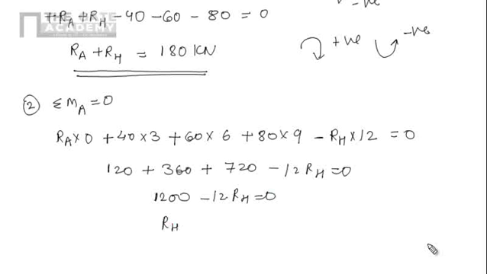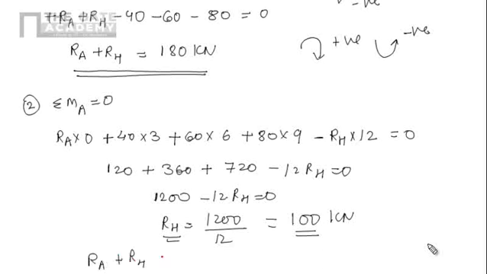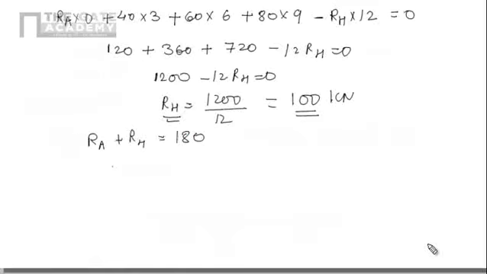So RH will be 1200 divided by 12. So the value of RH will be 100 kilonewton. So we got the value of RH, it is 100 kilonewton, and if we put RH in the equation RA plus RH equals 180, RA will be 180 minus RH. So 180 minus 100, it will be 80 kilonewton.